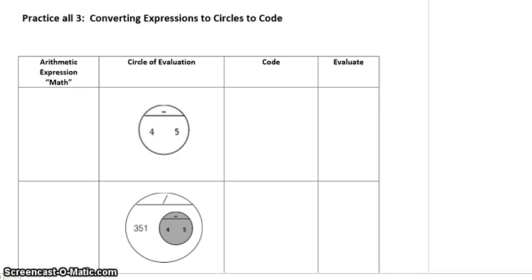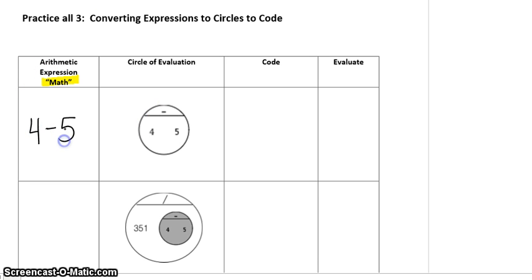On page 5, we see a chart with 4 columns where one of the columns is filled in for each of these examples, and we need to take what's given and convert it into whatever is asked in each of those columns. So for example, the first row has a circle of evaluation showing 4 minus 5. So in math, in regular math as we've seen it our whole lives, how do we write this circle of evaluation?